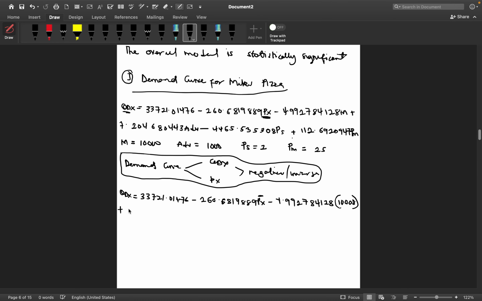Then plus 7.204680443 Advert. Advert was given as 1000. Minus 4463.535308 Ps. Ps was given as 2.